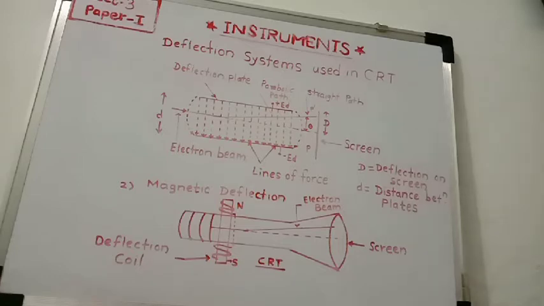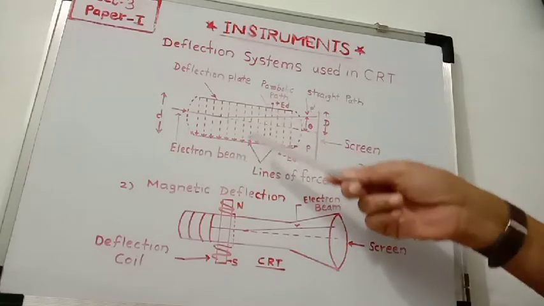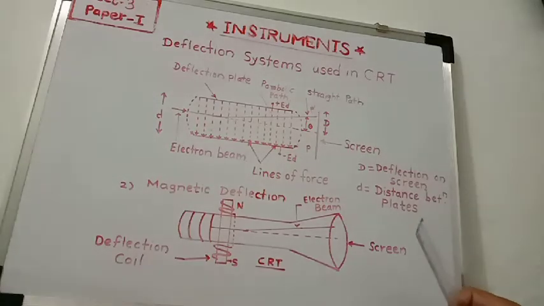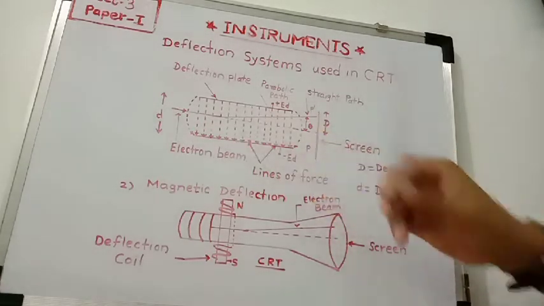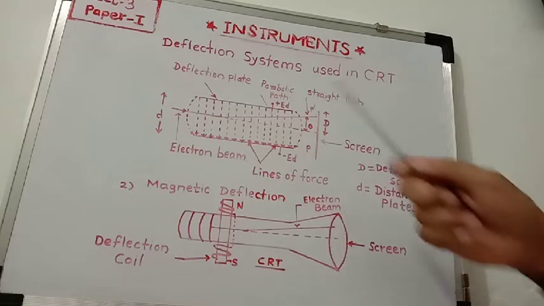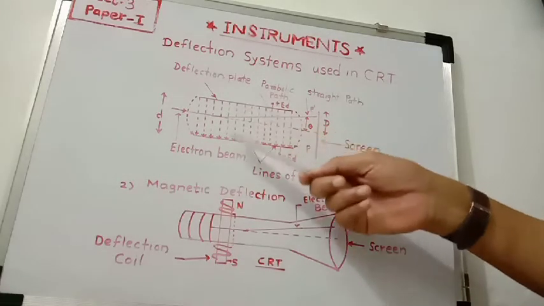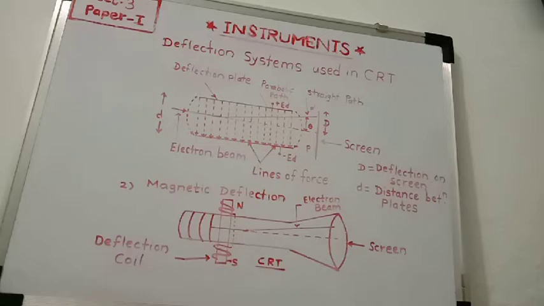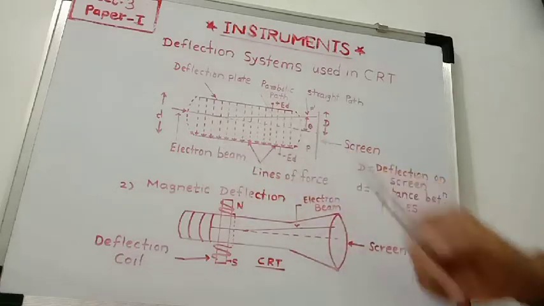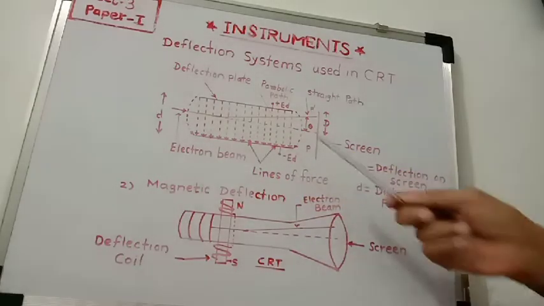Here one pair of deflection plates is shown. These plates are maintained at different potentials. The upper plate is at high positive potential and the lower plate is at high negative potential.